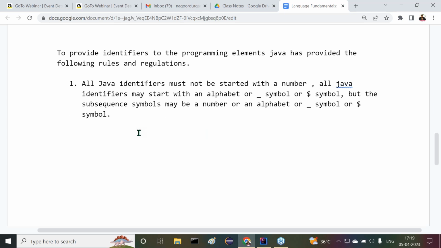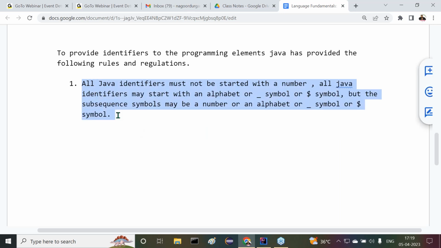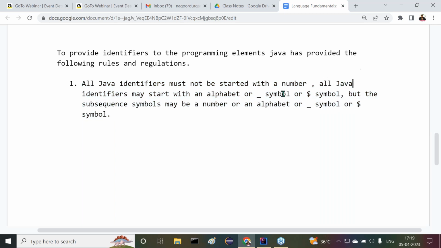Everybody understand it clearly. Try to digest the punch here. All Java identifiers must not start with a number. All Java identifiers may start with an alphabet or underscore symbol or dollar symbol, but the subsequent symbols may be a number or an alphabet or underscore symbol or dollar symbol.